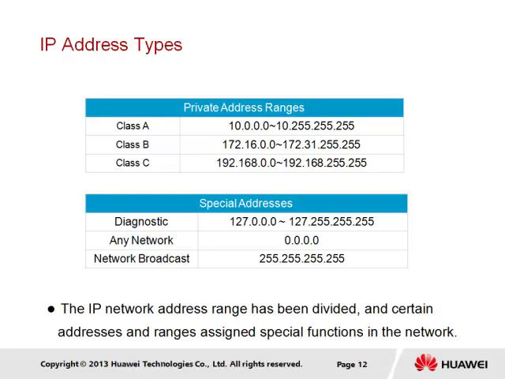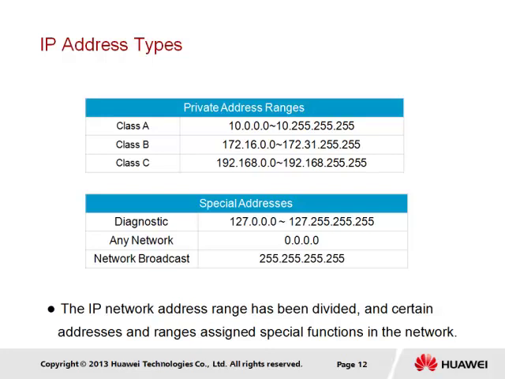The Class A address range hosts a single private network, while Class B contains 16 private networks, and Class C hosts 256 individual private networks. Special addresses and ranges exist in support of special functions, such as in the case of the 127.0.0.0 address range that is generally reserved for diagnostics, that causes any packet sent to a destination in this range to be looped back, for which the address 127.0.0.1 is most commonly recognized and is used to resolve the local host.